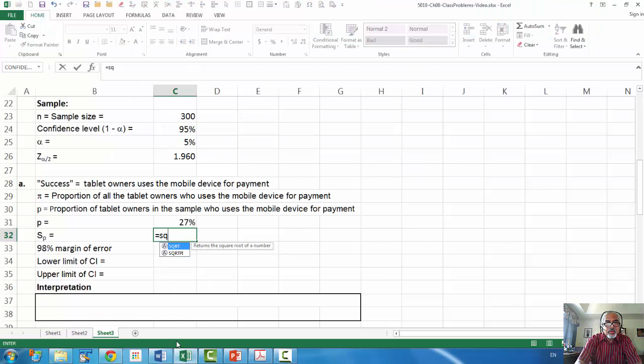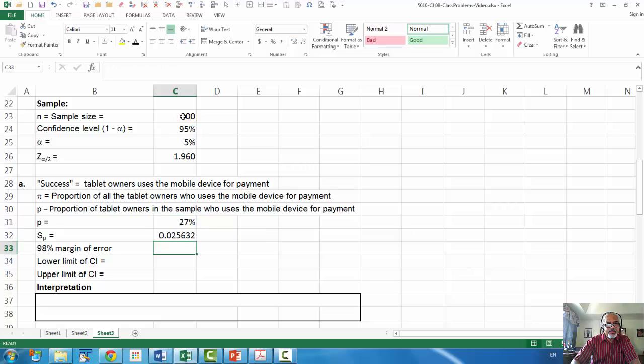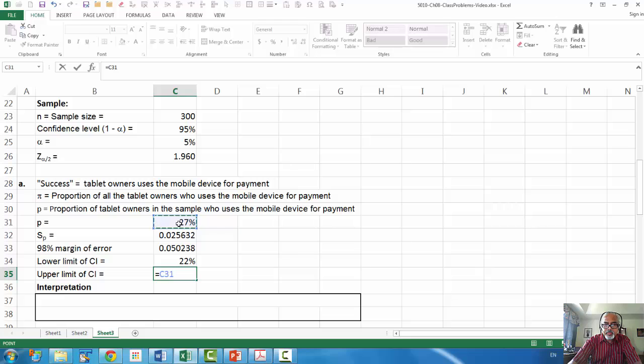Then s sub p is the square root of p times 1 minus p over the sample size n, and I'm going to make that an absolute reference so we can copy this. We're going to repeat the computation for those three conditions. This is the confidence interval that we have done before. So the margin of error is z, absolute referenced, times s sub p. The lower limit is the sample proportion minus the margin of error, and the upper limit is that plus the margin of error.